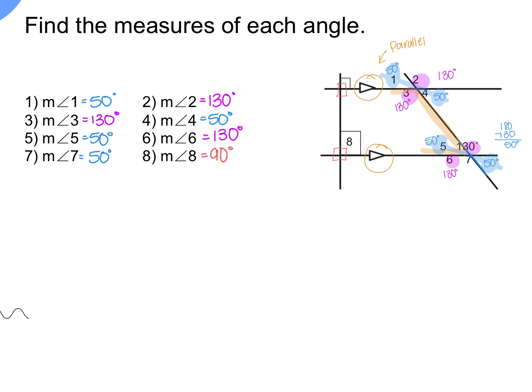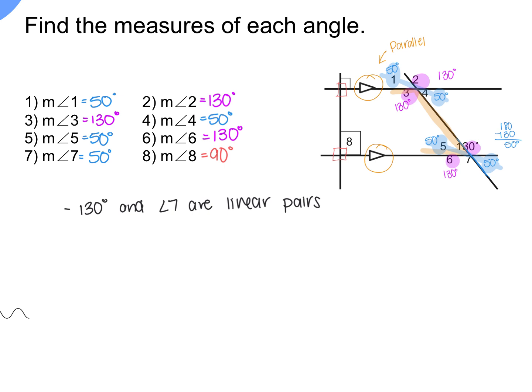Looking at my diagram, we know information that we should be able to tell. That original 130 and angle 7 are linear pairs. Okay, it's a linear pair.